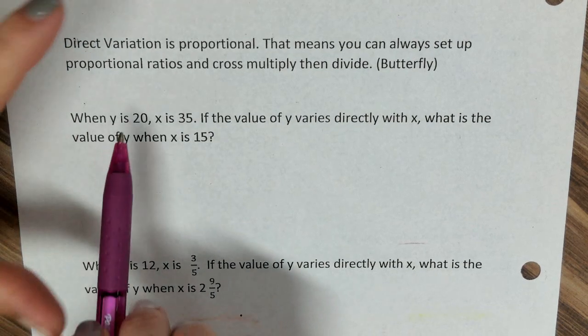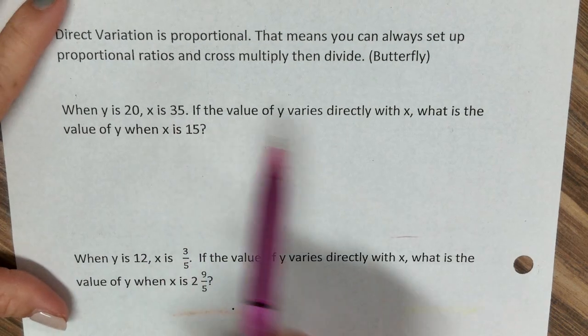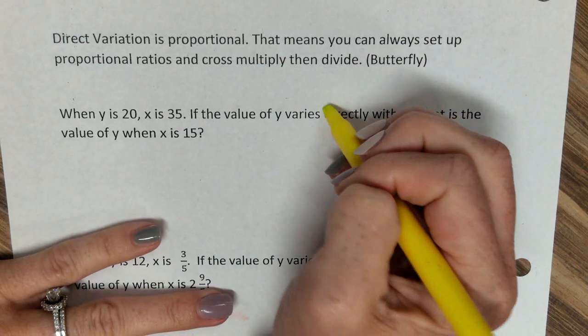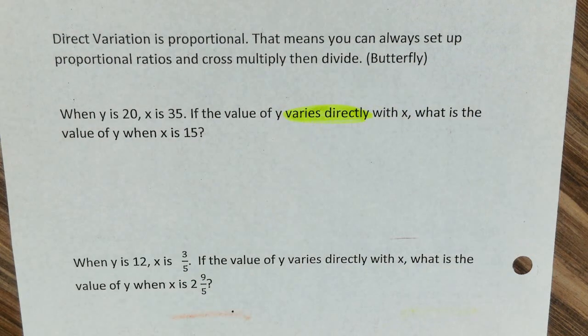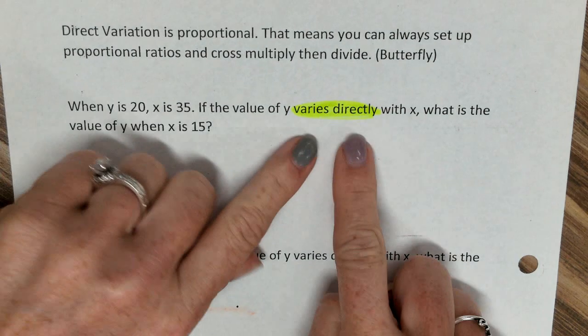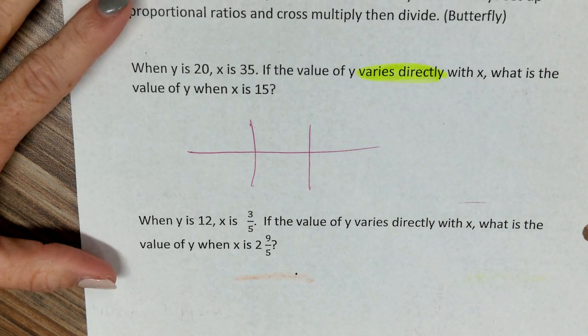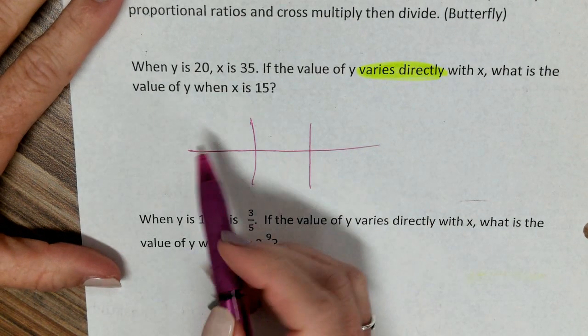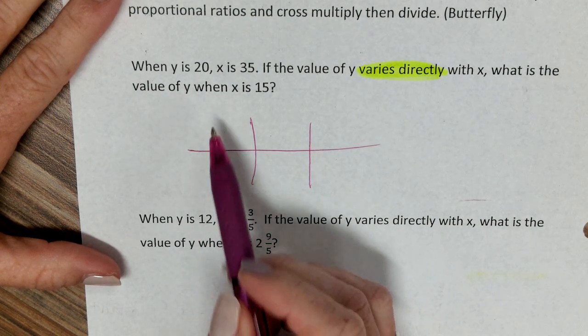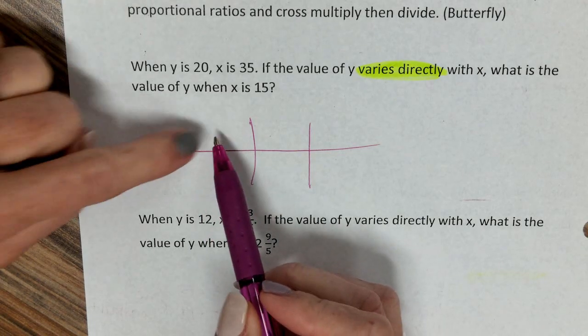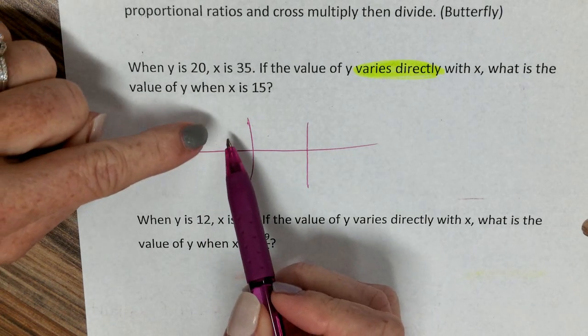It says when y is 20, x is 35, if the value of y varies directly. Guys, this is what it's going to say on your STAR test. The minute you see varies directly, go like this. Then you're going to put what they're talking about over here. If they're talking about apples and oranges, then you put apples and oranges.